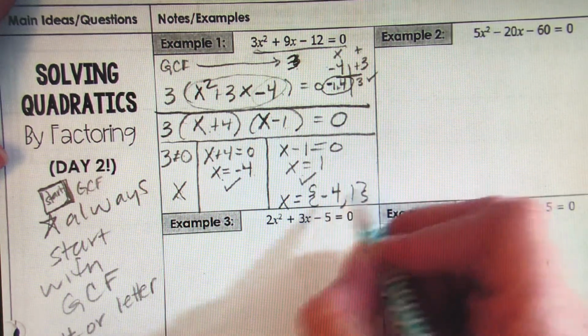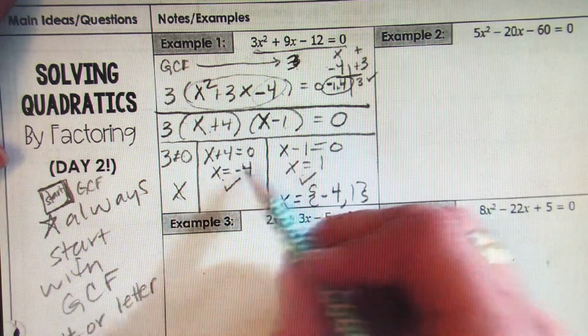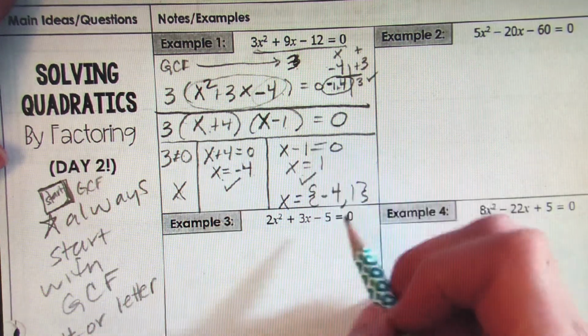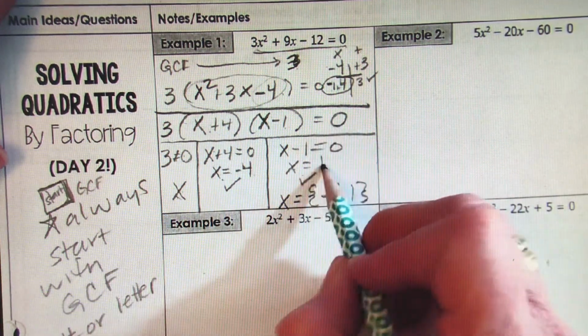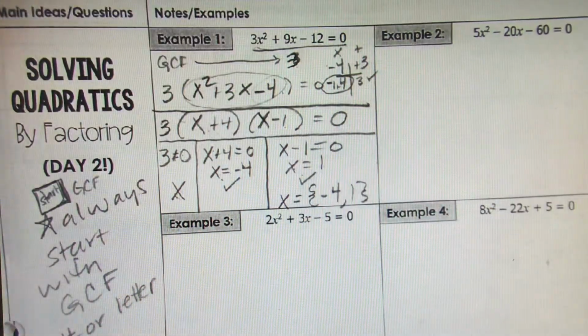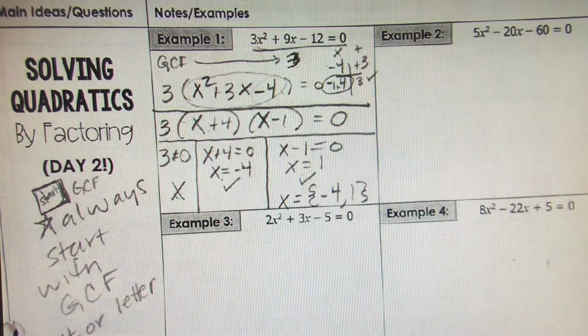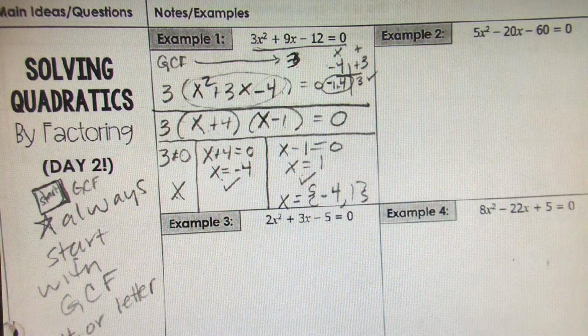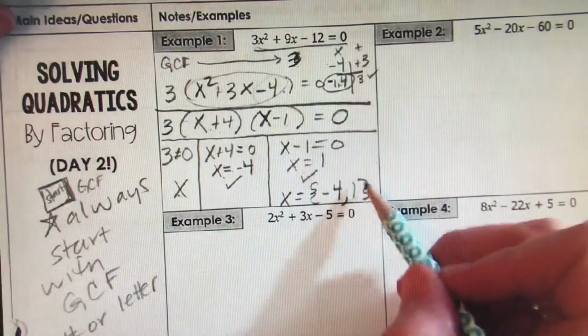So what this means, again, is if x is -4, then y is 0. That's what we learned up here. If x is 1, y is 0. And that is my solution set right here.